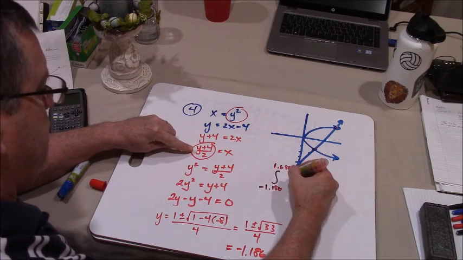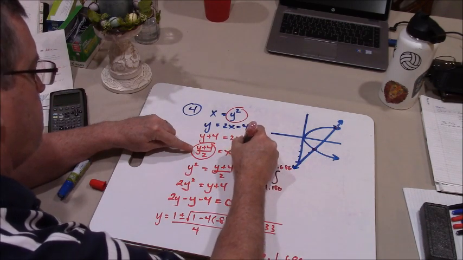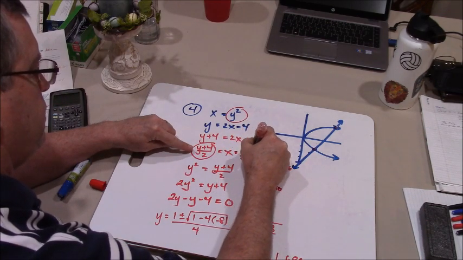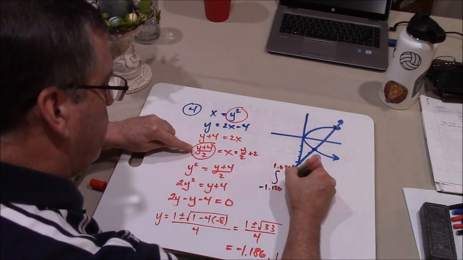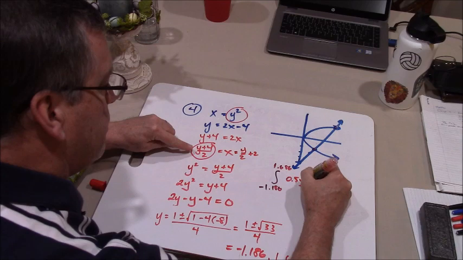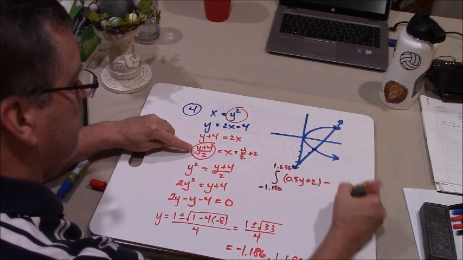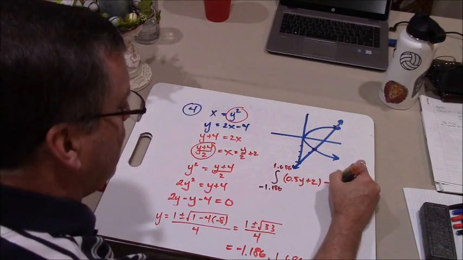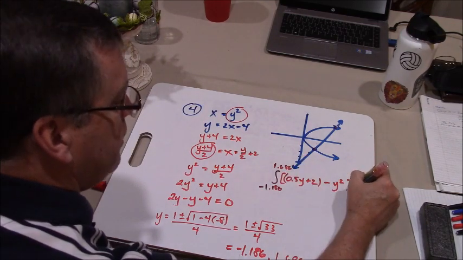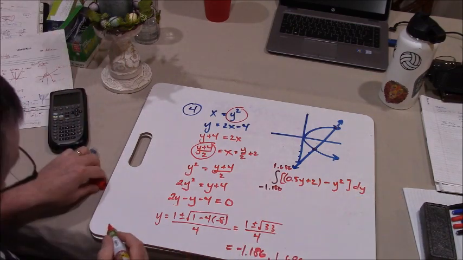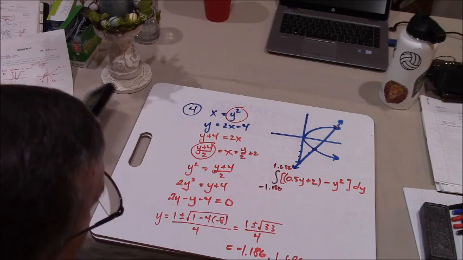So let's see, I'm going to write that as y over 2 plus 2, or 0.5y plus 2. There's my top curve, minus the bottom curve, which is y squared, and then dy. There's my integral. Now I just have to get the answer.